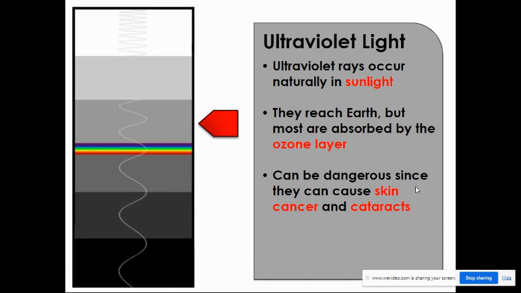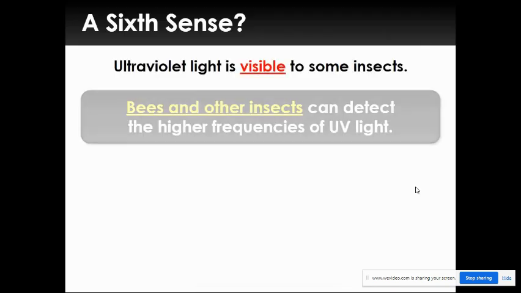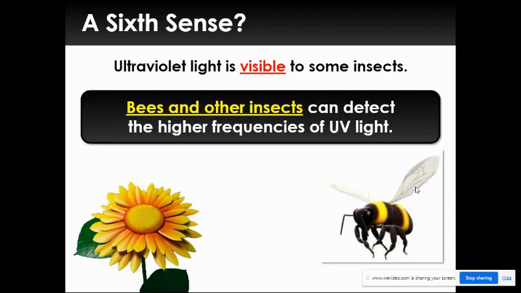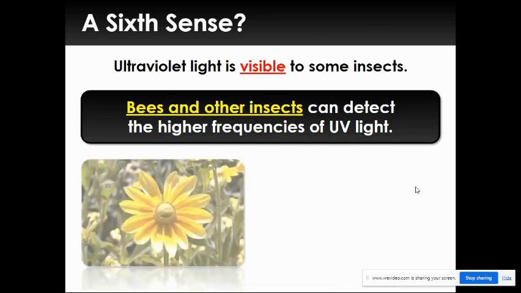It can be dangerous because ultraviolet light can cause skin cancer. It also causes sunburn. What is ultraviolet used for? Sterilizing equipment. It is used in this classroom in the goggles cabinet. There are ultraviolet bulbs in there to sterilize the lab goggles. It's visible to some insects. Some insects, like bees, can see ultraviolet light.